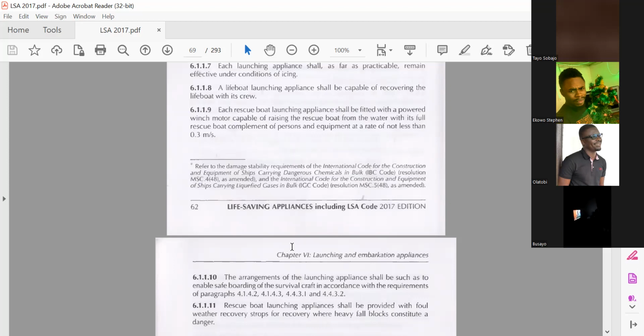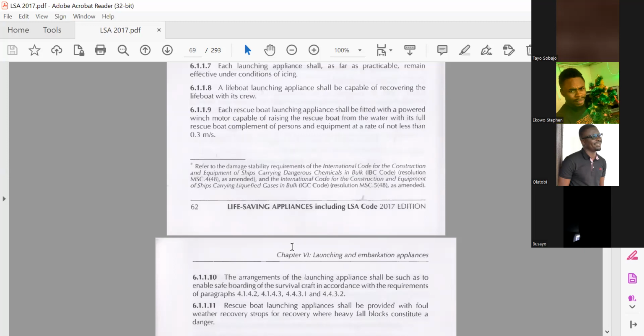So your lifeboat should be able to work effectively with the crew, bringing up the crew, not like the load is too much, so let's reduce some things, let's bring out the fenders, the paddles, and all of this. No. Every equipment and the crew, the lifeboats and the mechanism, everything should be able to work effectively, fully equipped and fully crewed with personnel on board.